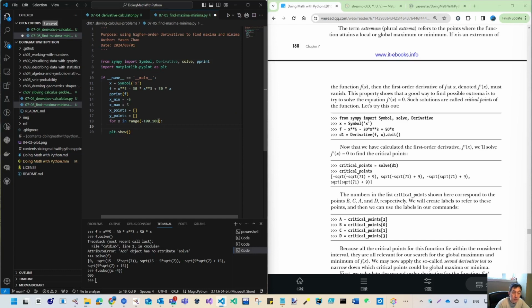Maybe so we got this 101 and this x points dot append x. It's very easy. Then this y points append is the f dot subs x, let's use this i, sub by i.